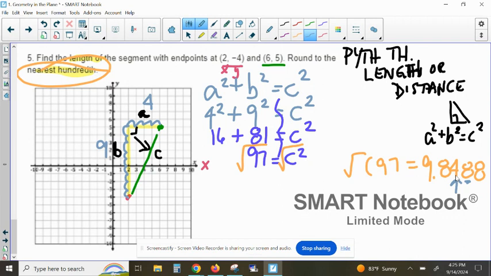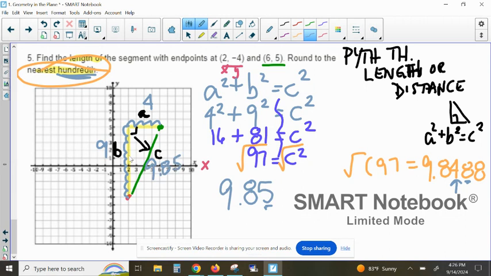My final answer is 9.85, so my last digit is in the hundredths place. If this 8 was like a 2, I would not shove the 4, and it would just be 9.84. So this length is 9.85 long.